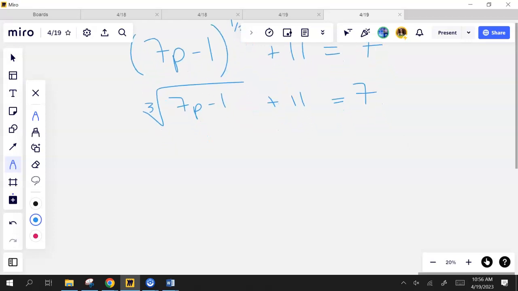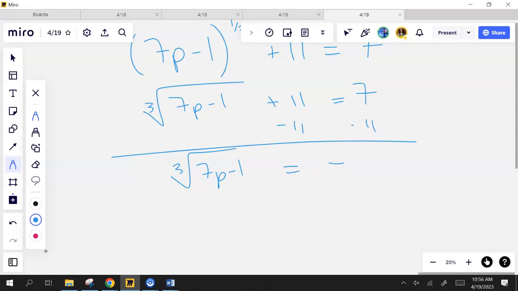Subtract 11. That's exactly right. If I subtract 11, I get the cube root of 7p minus 1 equals negative 4. Now what? Cube both sides. What's negative 4 to the third power? That's right. This time it keeps the sign, because it's an odd numbered exponent.